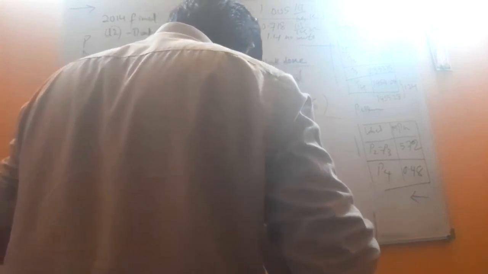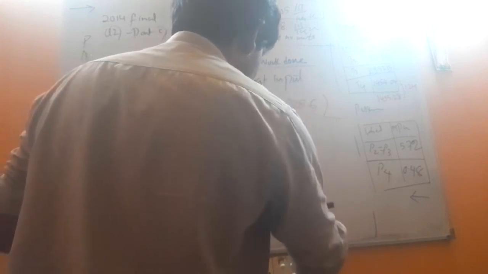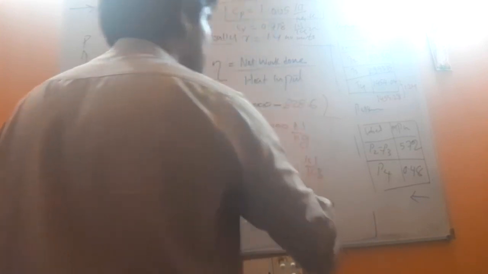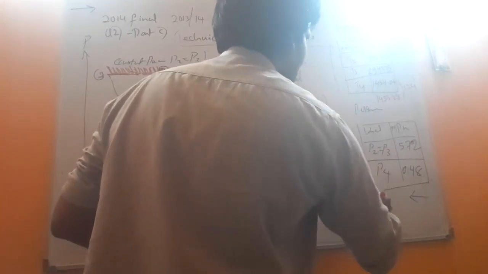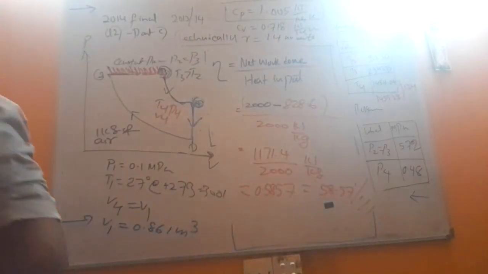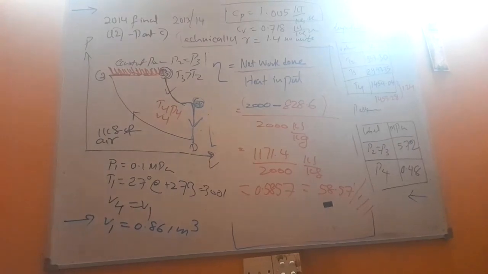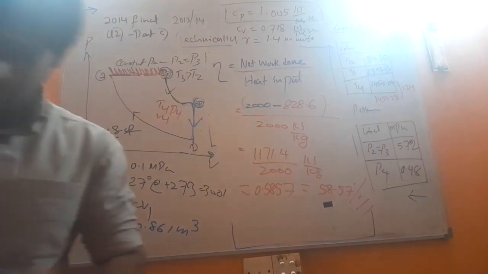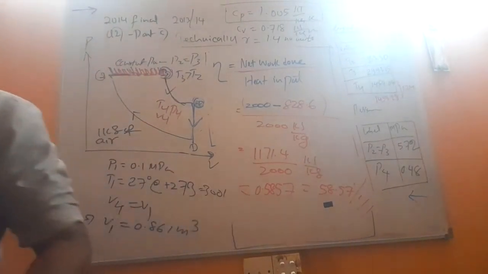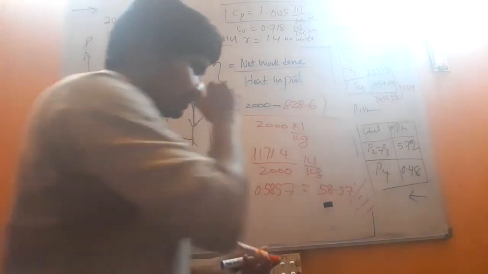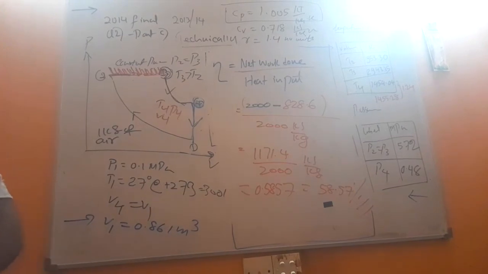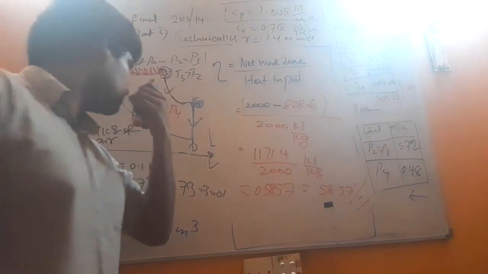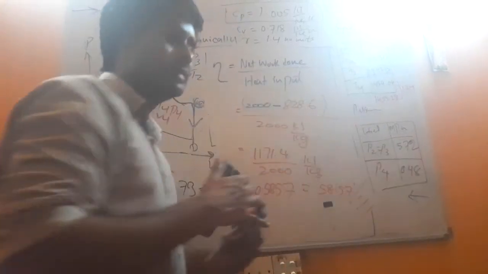So it is 0.5857, which means it is 58.57 as a percentage. Okay. So let's check whether that is the value that you have obtained. Must be a value closer to that. So the cycle efficiency is also calculated. So now I think the entire problem is clear to you.